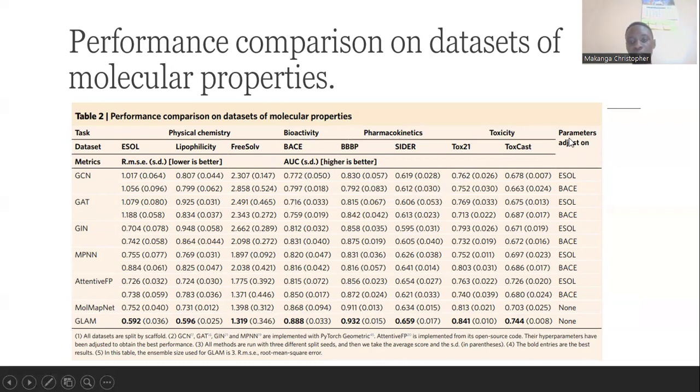As I said, the parameters were adjusted for better performance. As we can see, when we look through the performances on the different data sets, on average, GLAM performed better than all the other identified metrics on the data sets that we selected for evaluation.